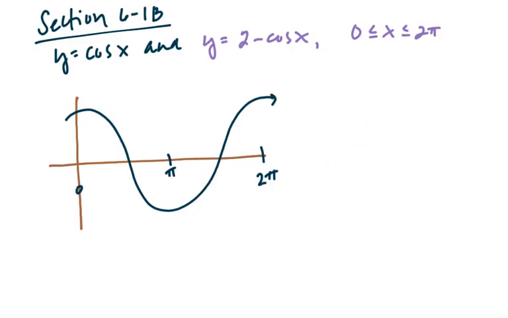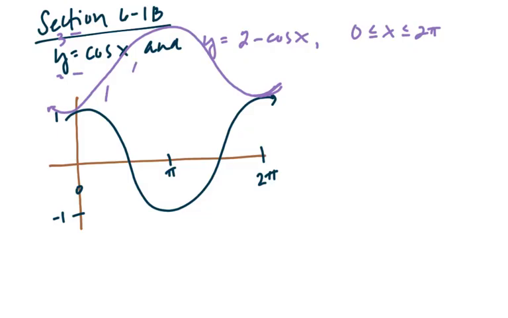So the center is up 2. Well, right now this is at 1 and this is at negative 1. So I didn't do a very good job of drawing this. So they're gonna pop like this. So it's reflected, and the center of it's at 2, and it goes up to 3.